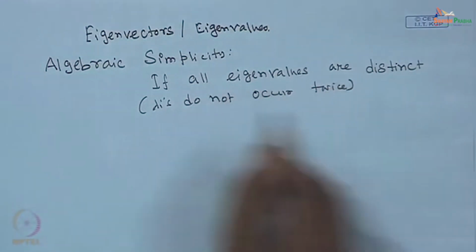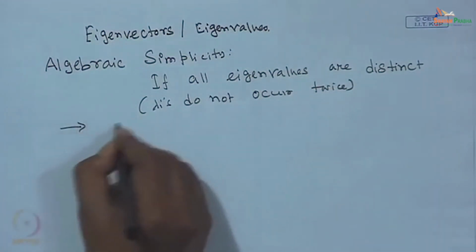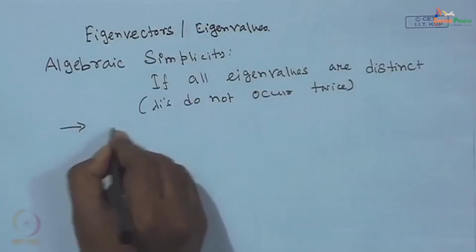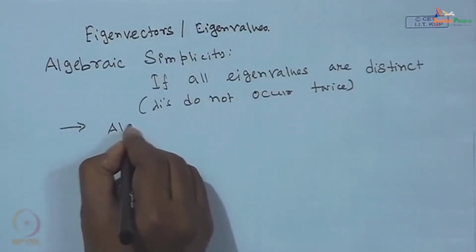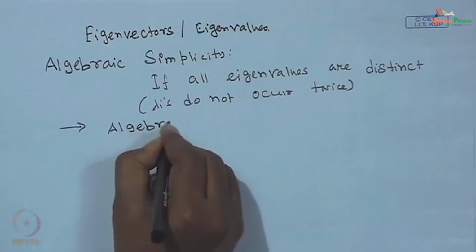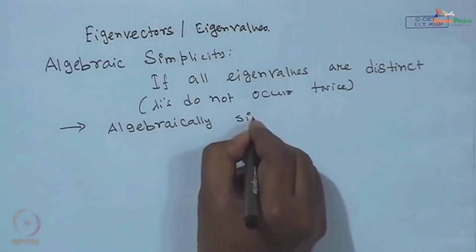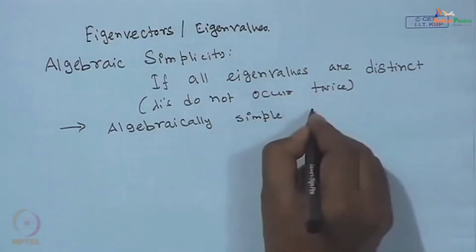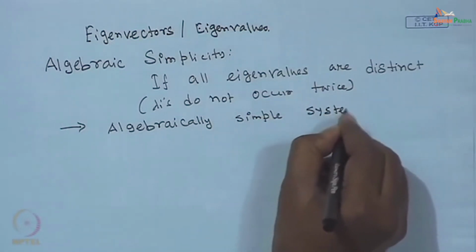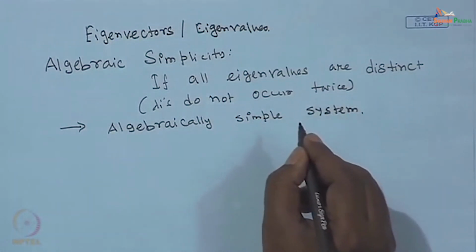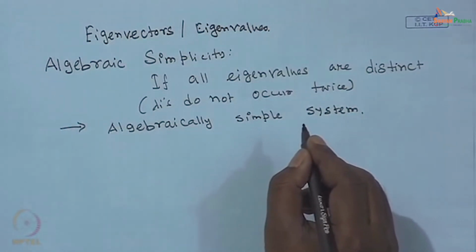If all the eigenvalues are distinct, then the system is called an algebraically simple system. So, what is an algebraically simple system? A characteristic equation where all the eigenvalues are distinct.